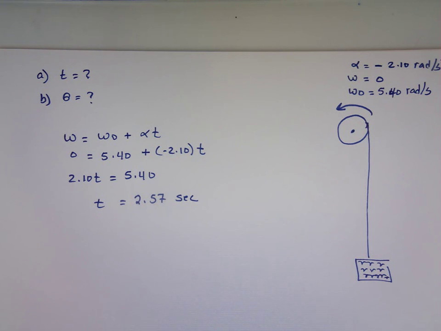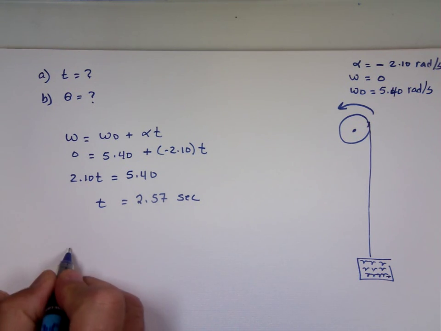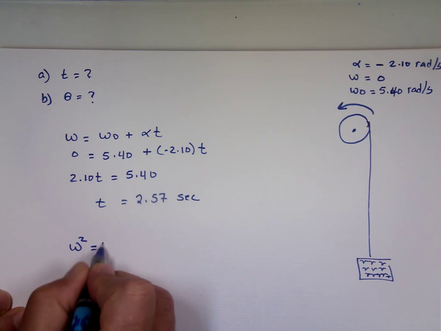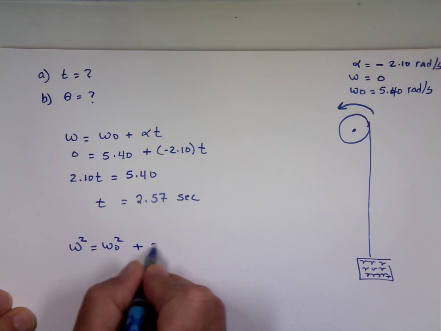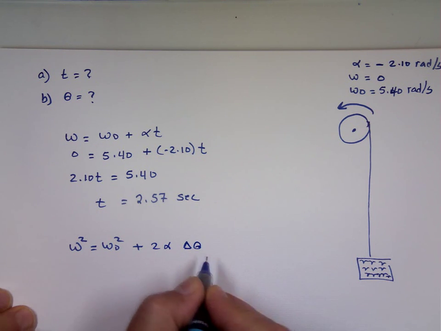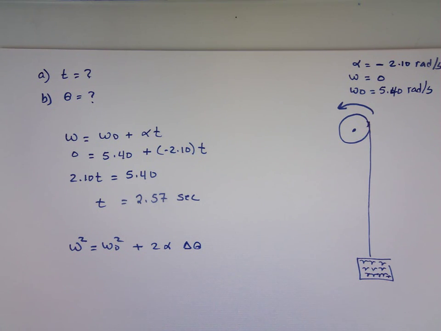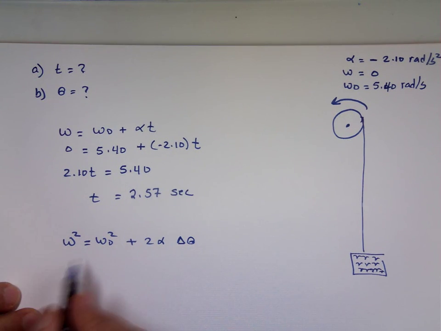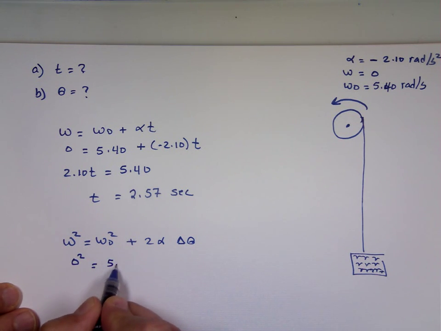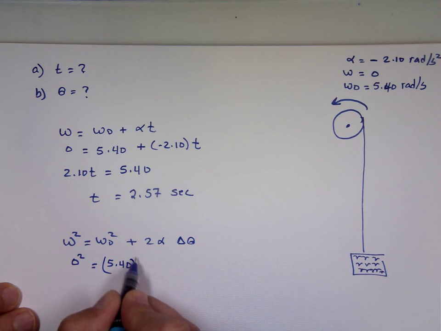And the next question, can we find theta? I can use the last equation. W is what? 0. Square it. W0 is 5.40 squared plus 2 times alpha.